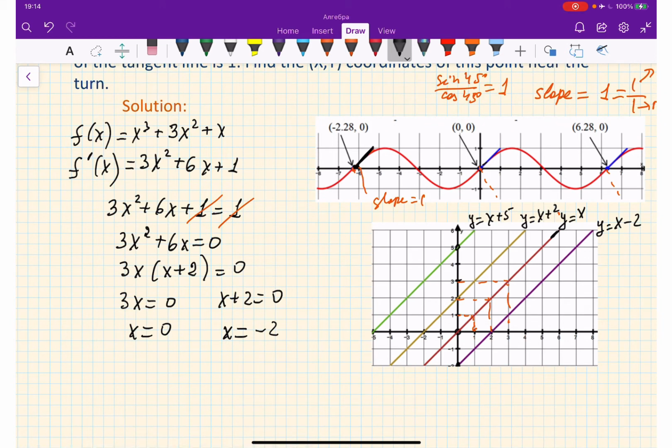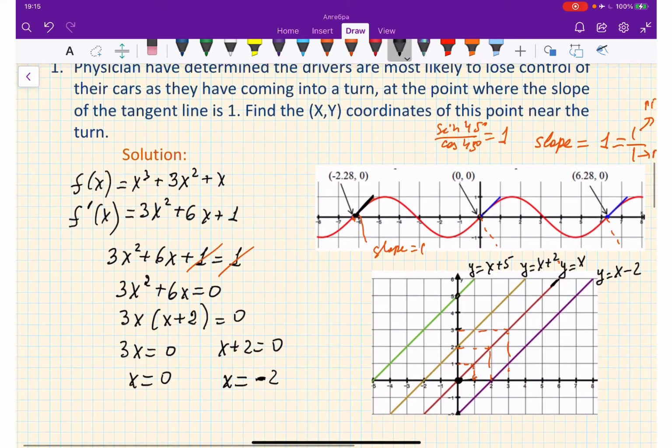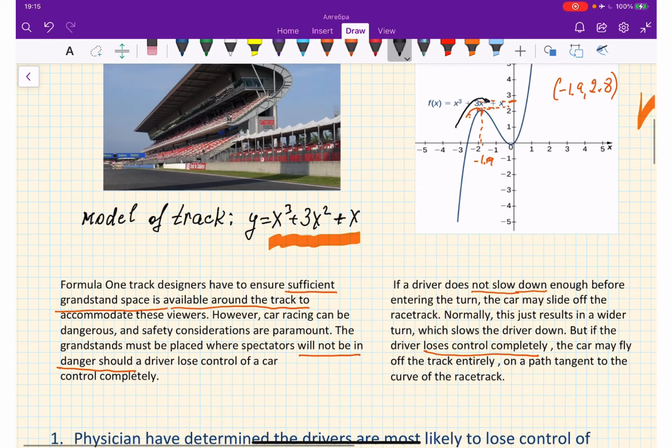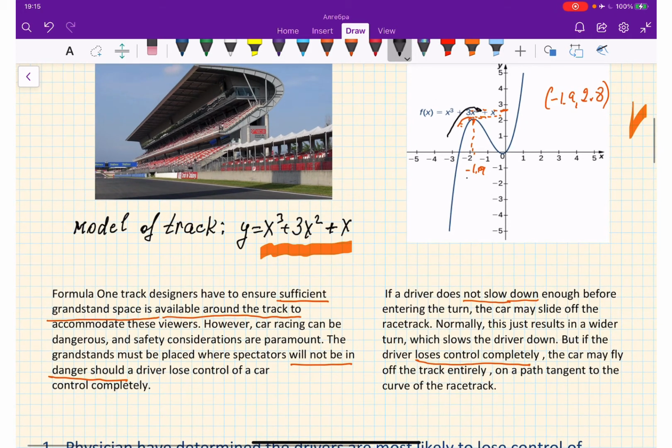So 0 in this case doesn't count because here it is at this point, right? In our case, we need negative 2 because negative 2, look here, is the one that's nearby negative 1.9, see? This is what we are interested in. 0 is here.